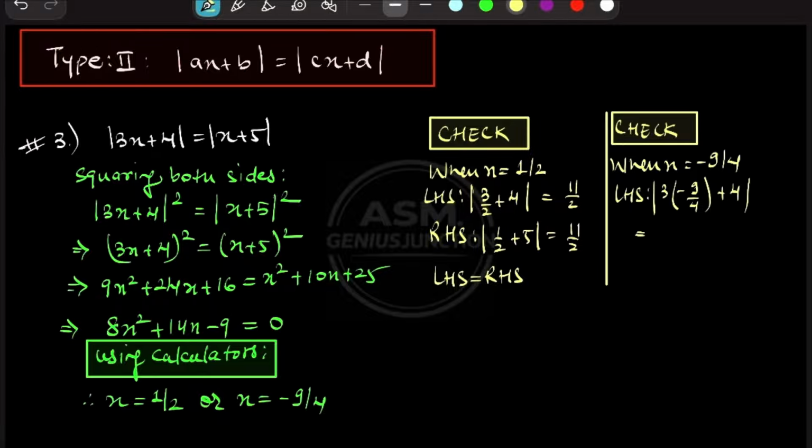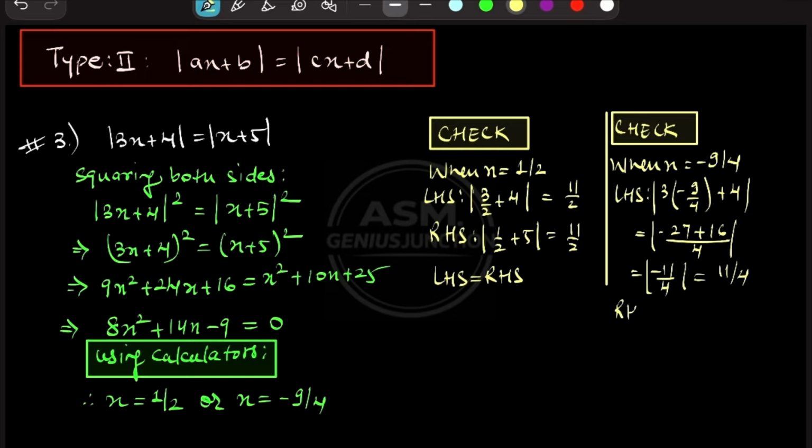It gives me minus 27 plus 16 whole over 4. On solving it, we get minus 11 over 4, which gives you after the mod as 11 by 4.